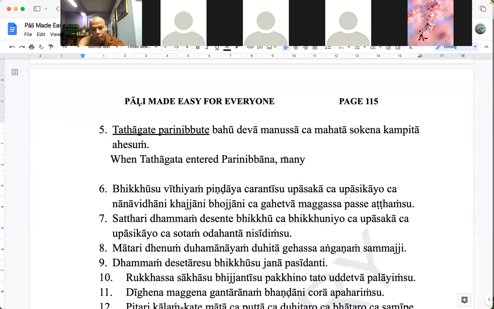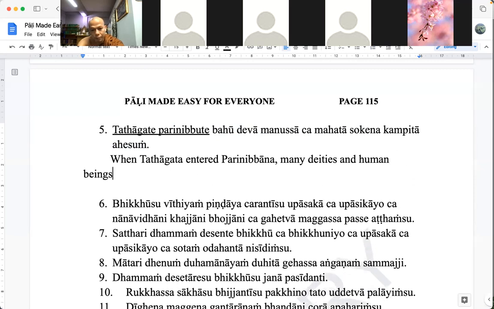Bahu Dewa, many deities and human beings, Manosa. Gambita Aheso, so became trembled.